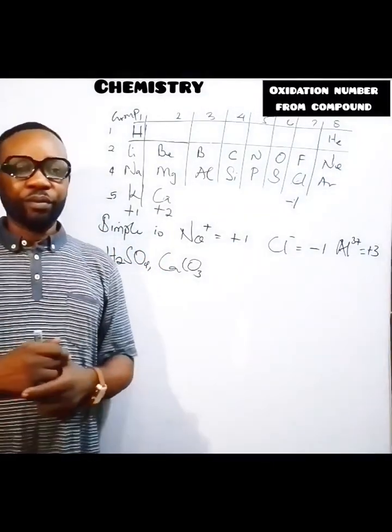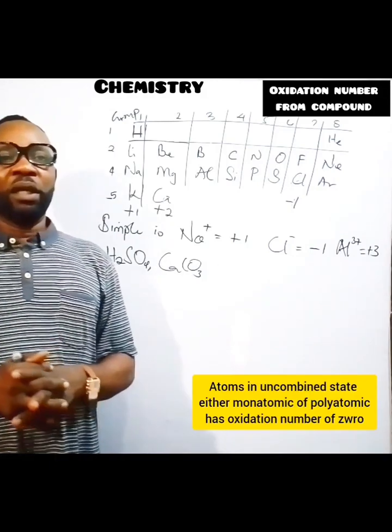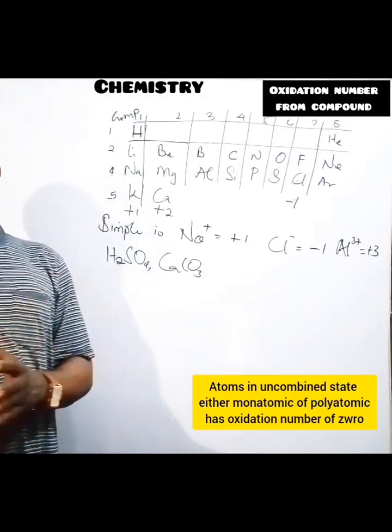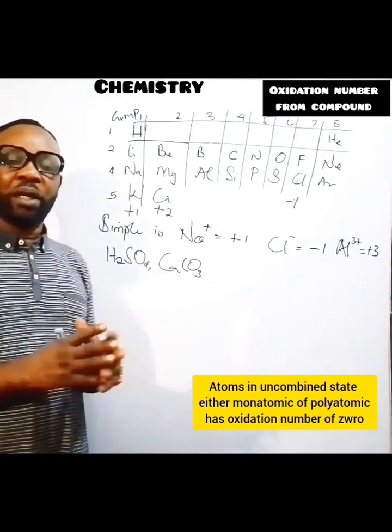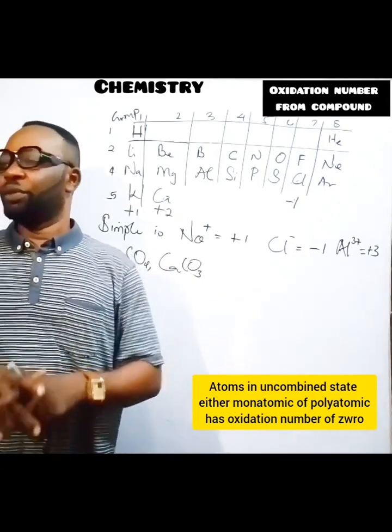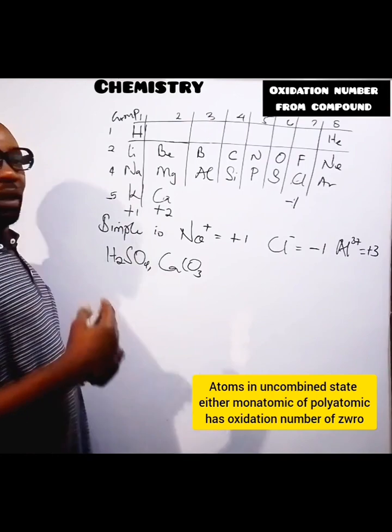Now, another rule I'm going to talk about here is that atoms in an uncombined state, whether monoatomic or polyatomic, have an oxidation number of 0. Atoms in an uncombined state, either monoatomic.